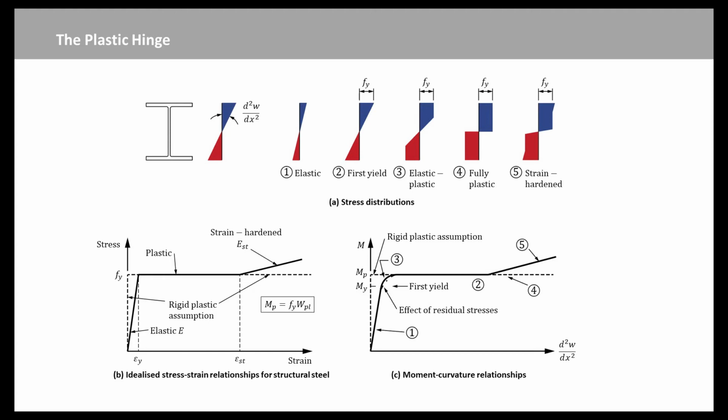The approximate approach of the moment curvature relationship shown in Figure C to the fully plastic limit forms the basis of the simple rigid plastic assumption for which the basic stress-strain relationship is replaced by the dashed line in Figure B. Thus, rigid plastic analysis completely ignores the curvature of any elastic and elastic plastic regions, M less than Mp, and assumes that the curvature becomes infinite at any point where M equals Mp.